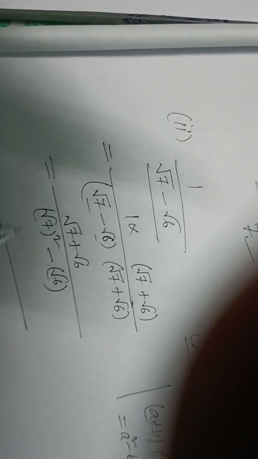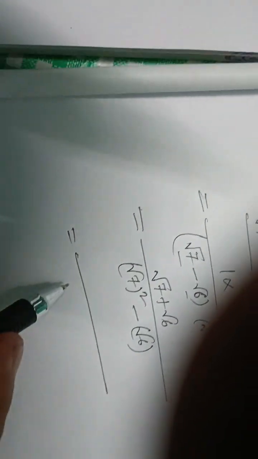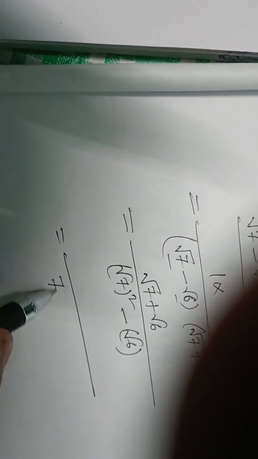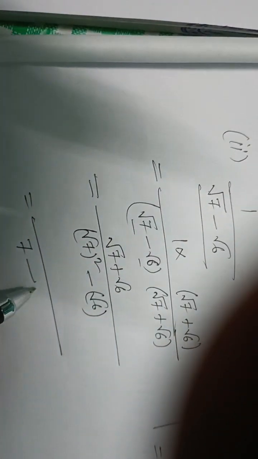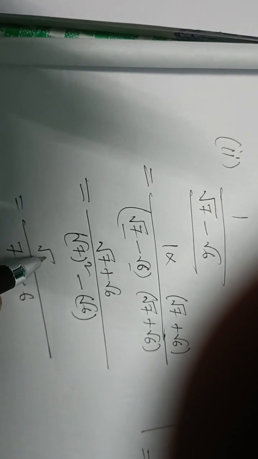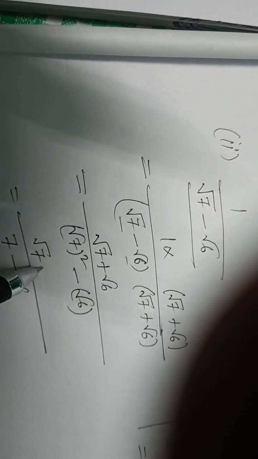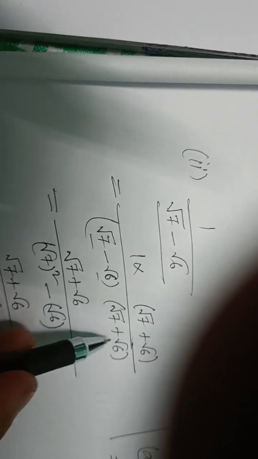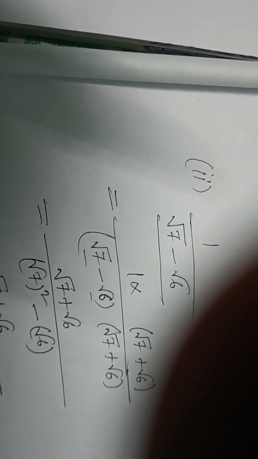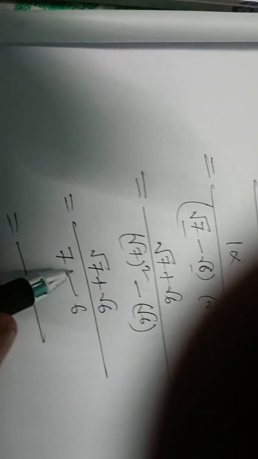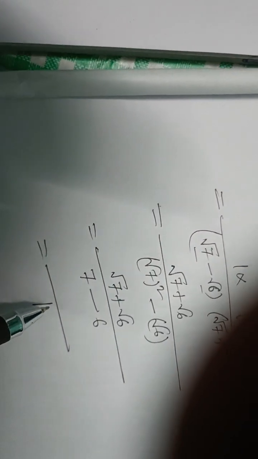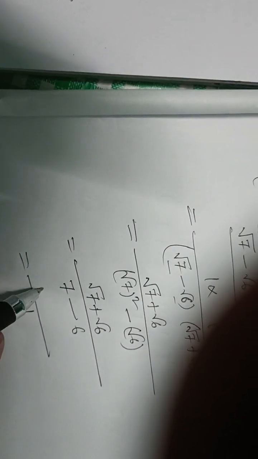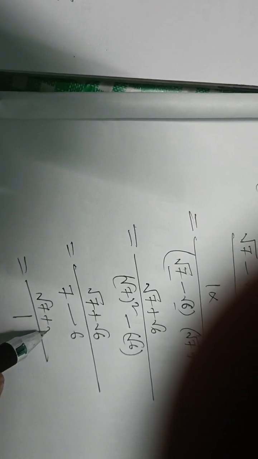Now root 7 square is 7, and root 6 square is 6. The numerator you write as it is, root 7 plus root 6, because we have to multiply the numerator by the same one, remember. Now 7 minus 6 is 1. Anything divided by 1 gives the same number, so the answer is root 7 plus root 6.